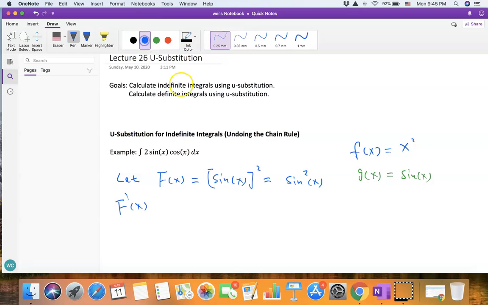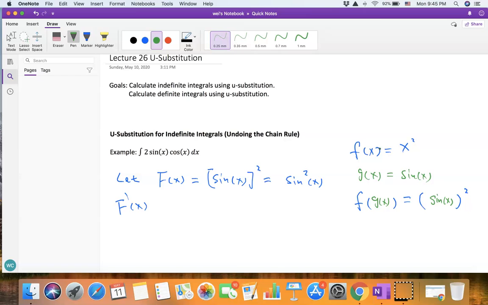That's why the composite function f of g of x equals sine x squared.